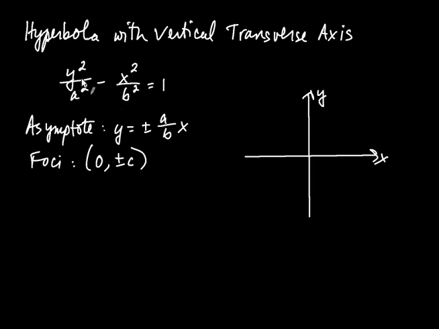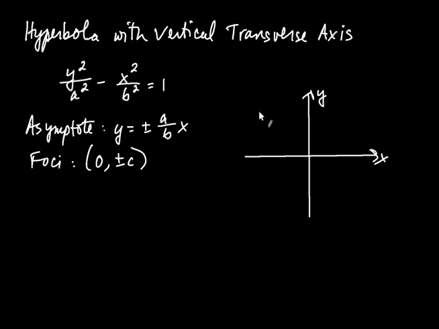So in this case, you have y-intercepts, because when x is 0, you clearly cross the y-axis, but you don't have x-intercepts because when y is 0, there's no solution to that equation. So it's very similar to what we had before, except the asymptotes are no longer b over a, they're a over b x. And then the foci, of course, are 0, positive or negative c.